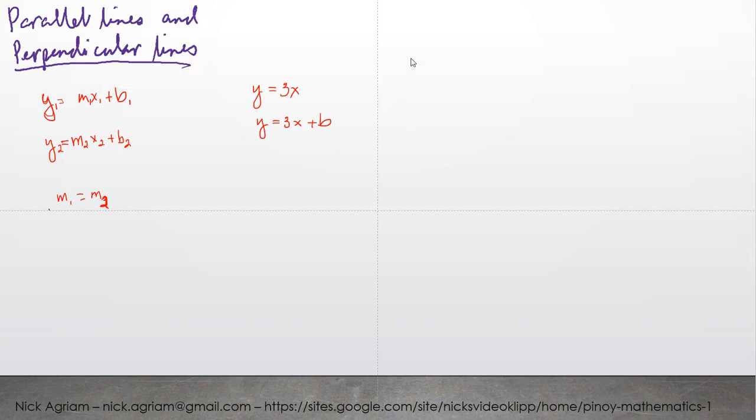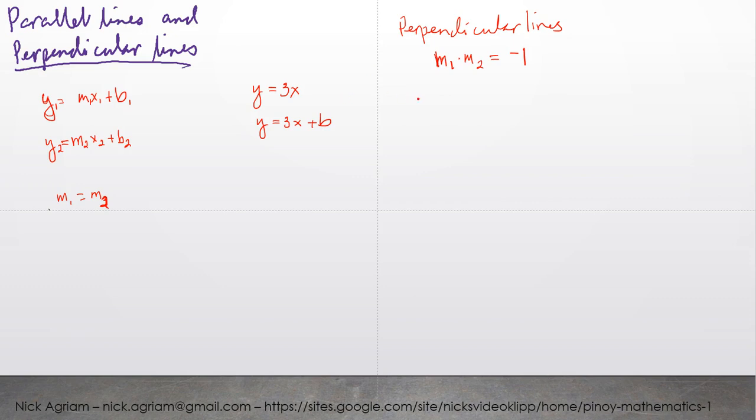How about perpendicular lines? Two lines are perpendicular if and only if the product of their slopes is equal to negative 1.